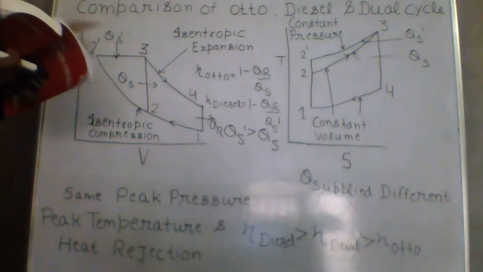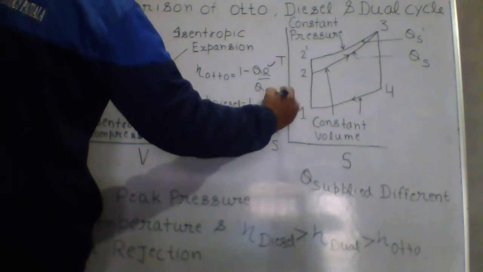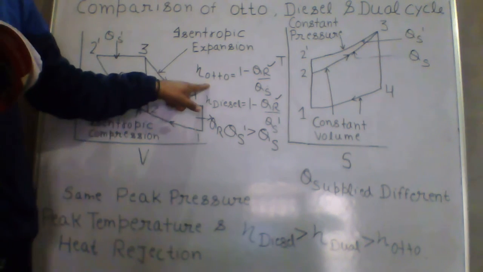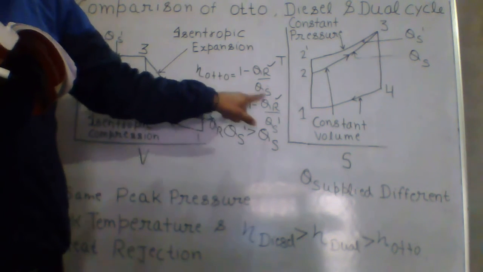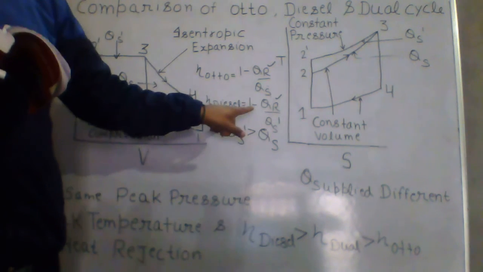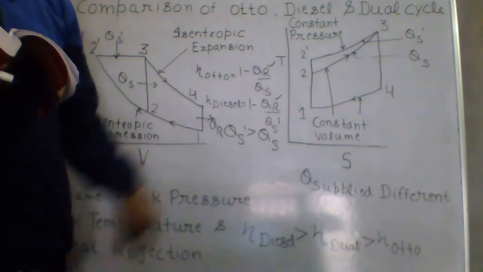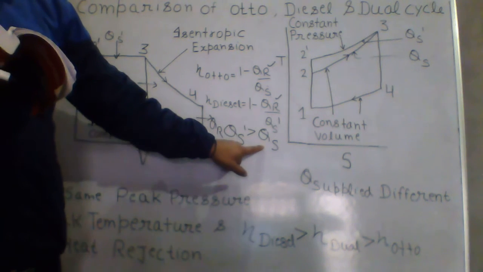Now if heat rejection is same, it means QR in both the cases is same. You very well know the efficiency of the Otto cycle is 1 minus heat rejected divided by heat supplied. The efficiency of diesel is also 1 minus heat rejected divided by heat supplied. If QR is same, QS is different, and QS dash is greater than QS.